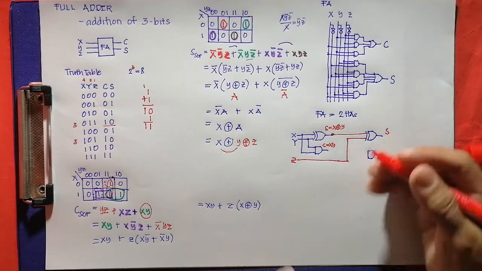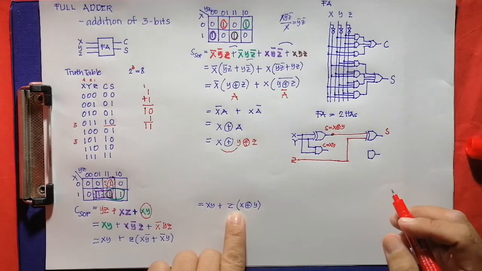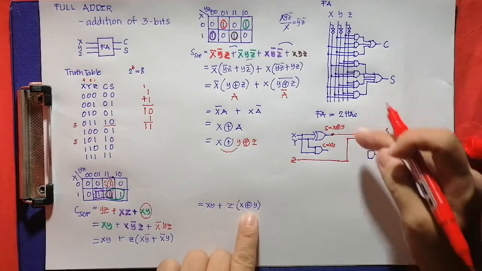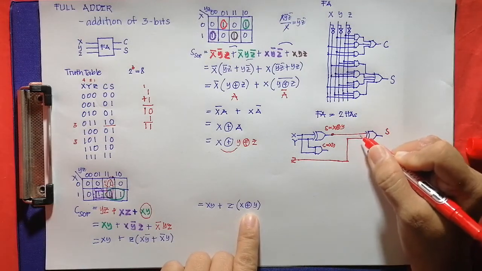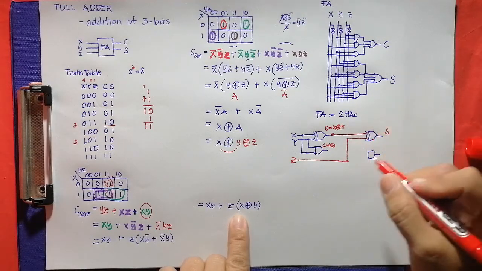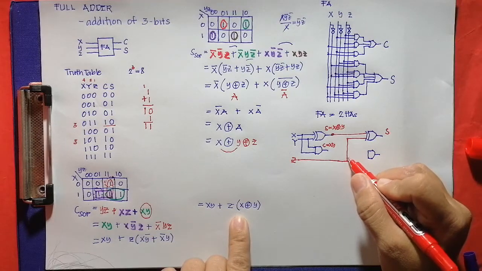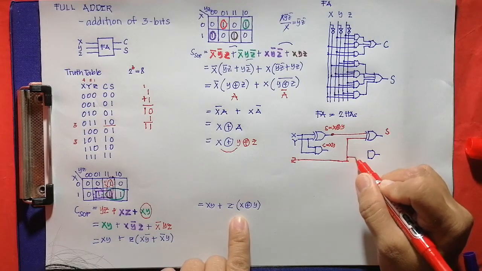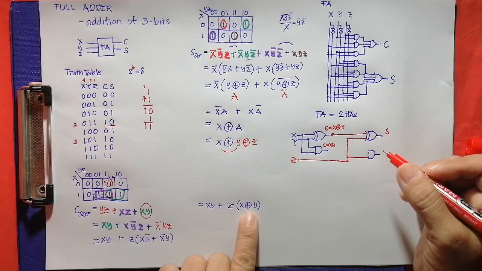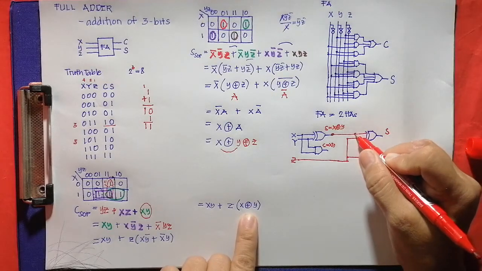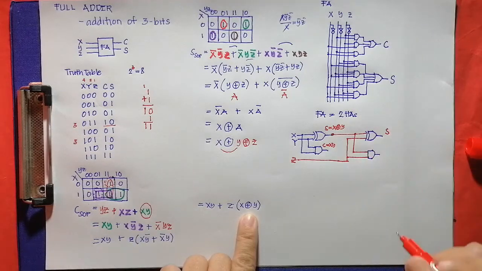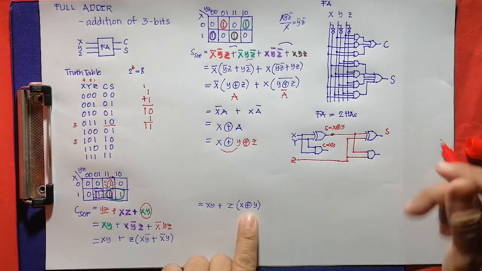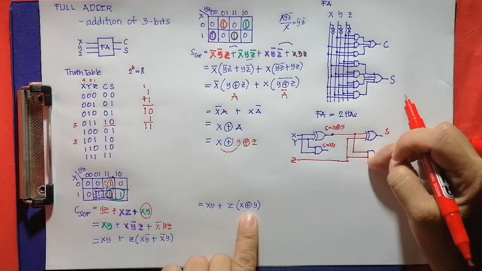So we have here AND gate. This is our x XOR y. So let's connect it in here. And then we have z. So your z, we have here connected in here. And then x XOR y. Okay. So this is x XOR y and z.